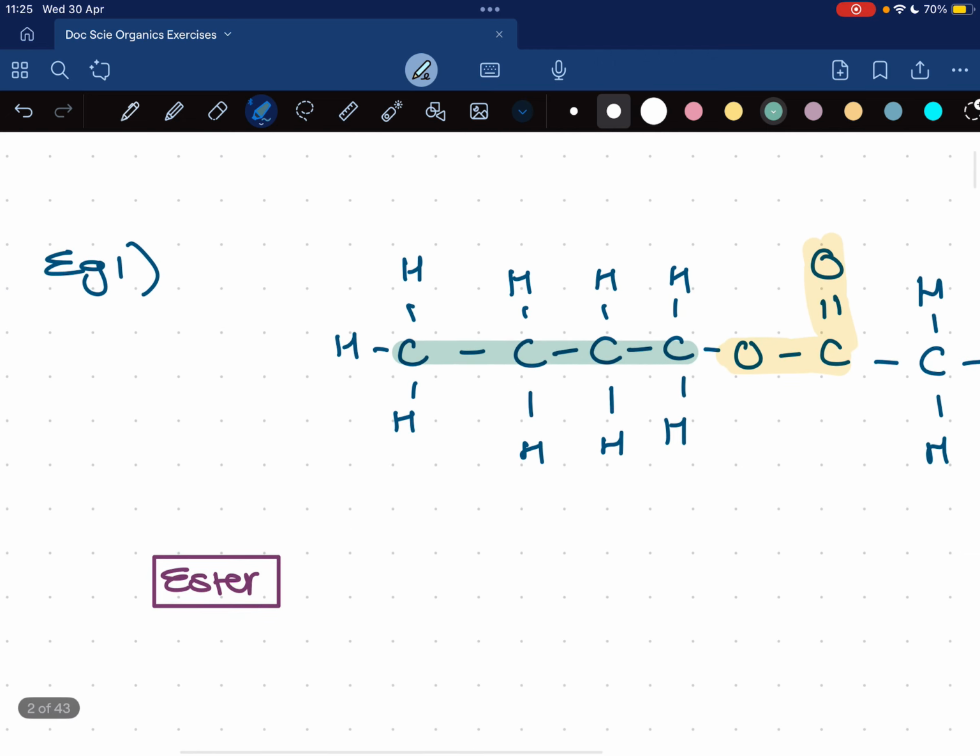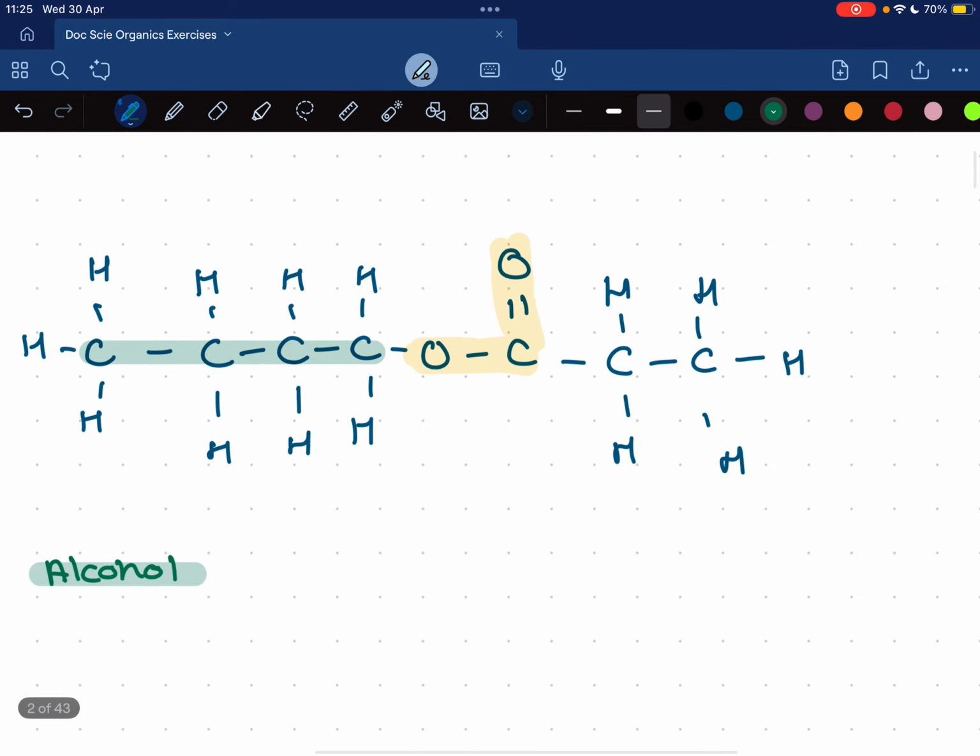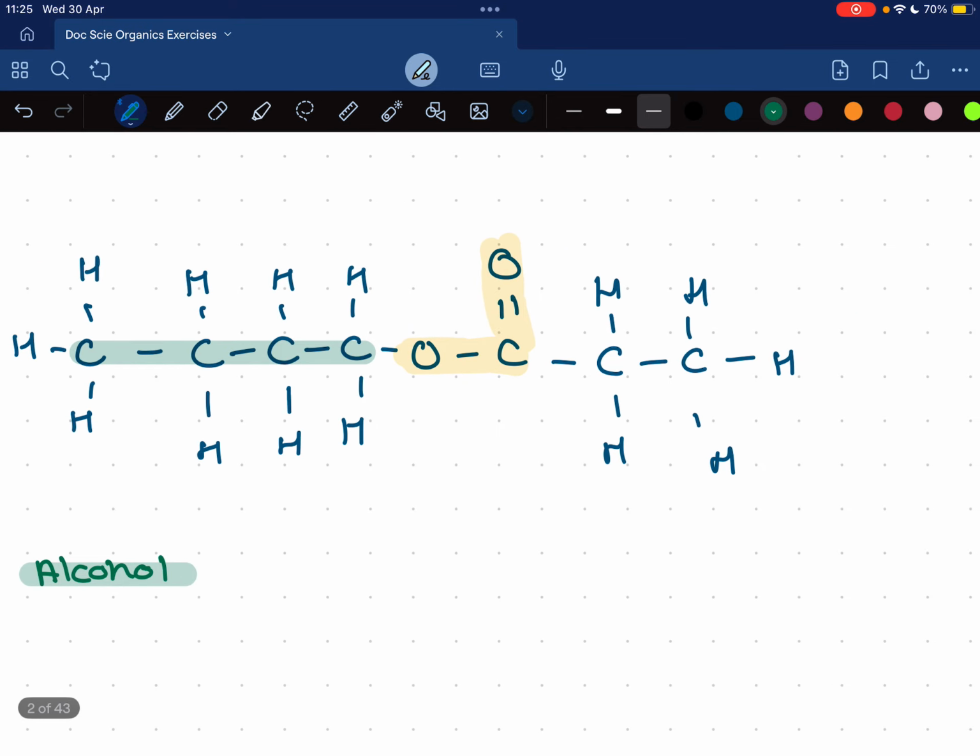Okay, so that forms the alcohol. Then the side that's attached to the double bond oxygen forms the carboxylic acid side.